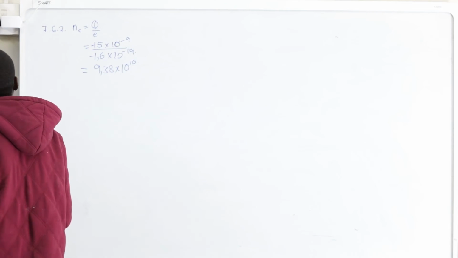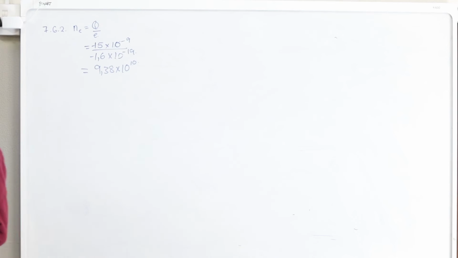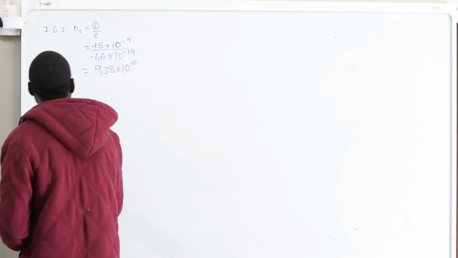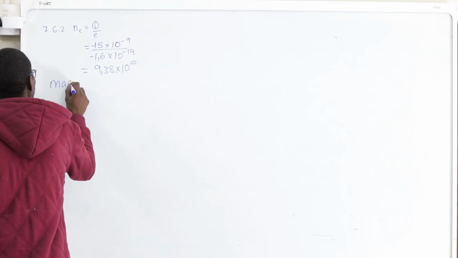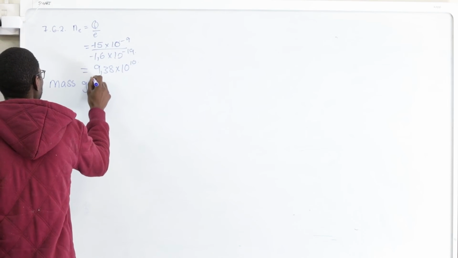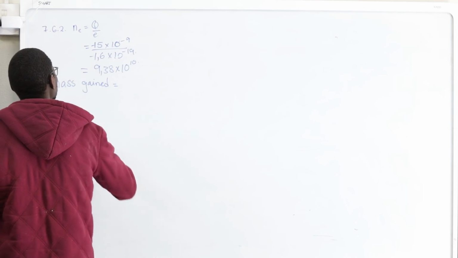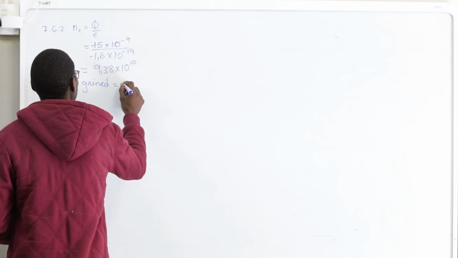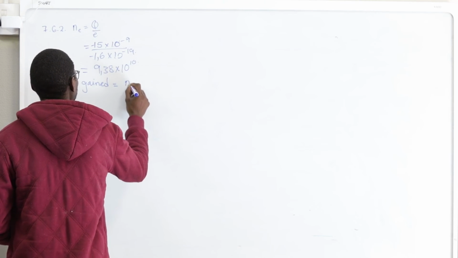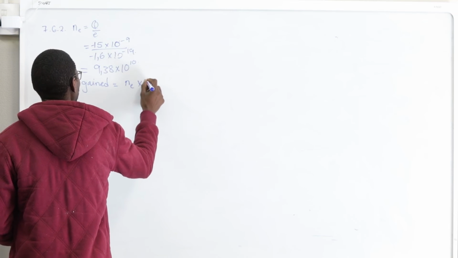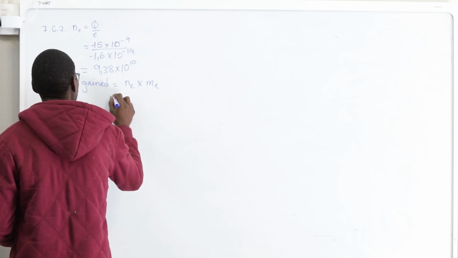Now that's the number of electrons that we have. If we got the number of electrons, to find the mass gained, it's going to be equal to the number of electrons times the mass of an electron.